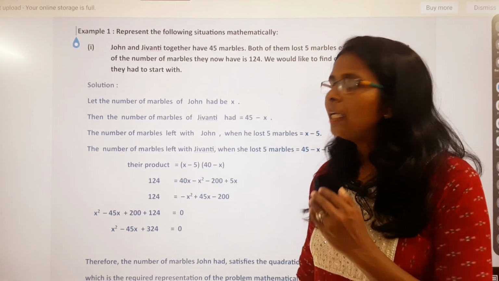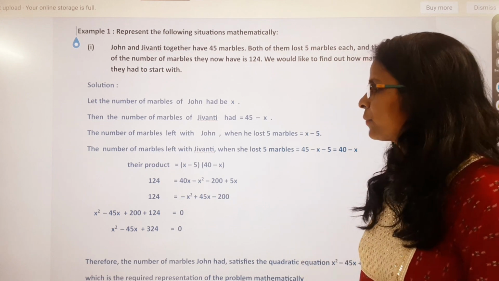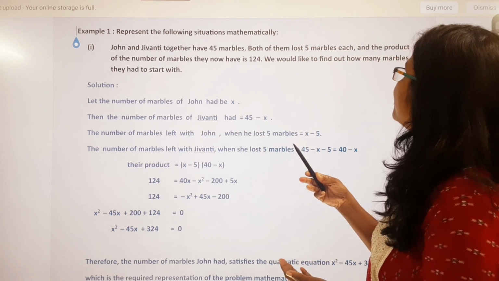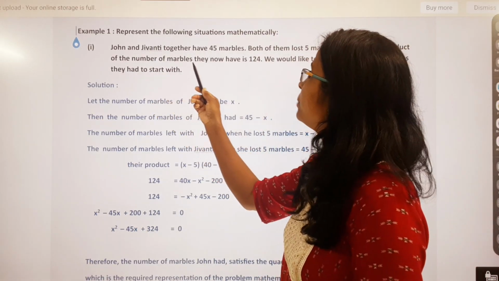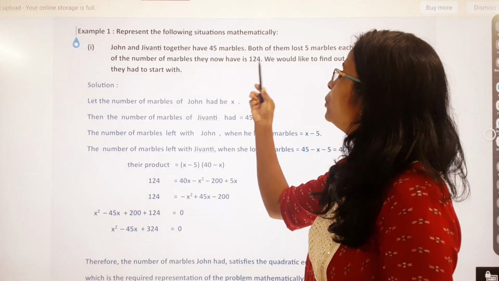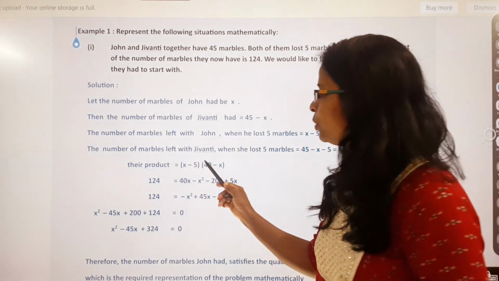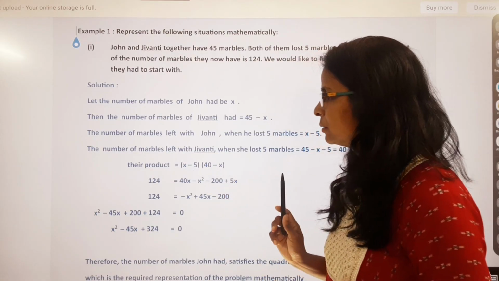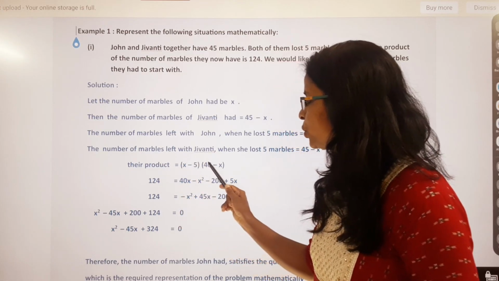After losing the 5 marbles, the condition is that the product of the number of marbles they now have is 124. So their product is x minus 5 multiplied by 40 minus x. The product is 124, substitution is here.